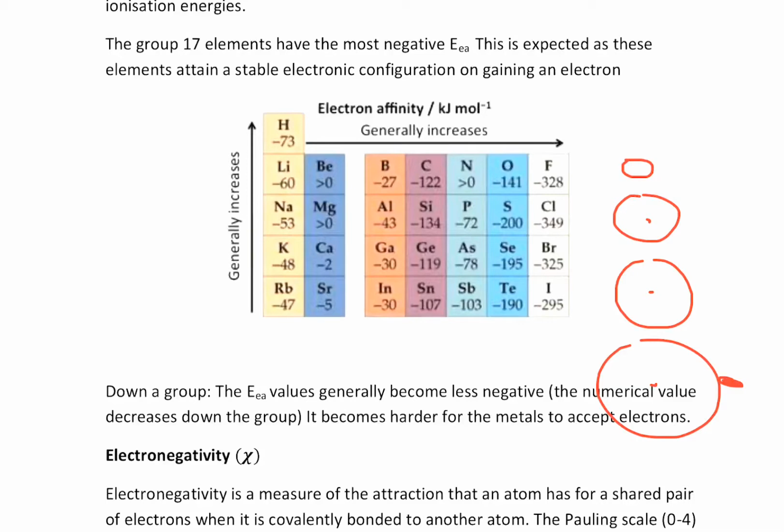So when the atom is accepting the electron, which is negatively charged, the nucleus is positively charged, so there's going to be a form of attraction between negative and positive. So this is why we say that it's exothermic, because there's going to be some form of electrostatic attraction, so bond formation.